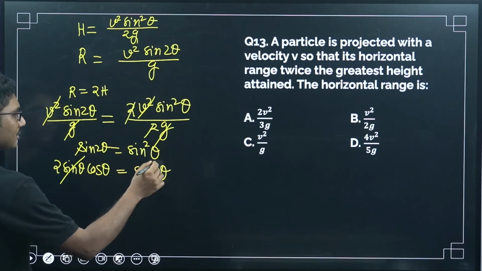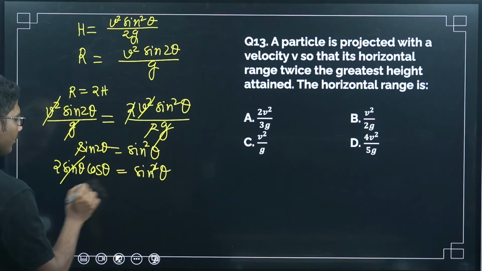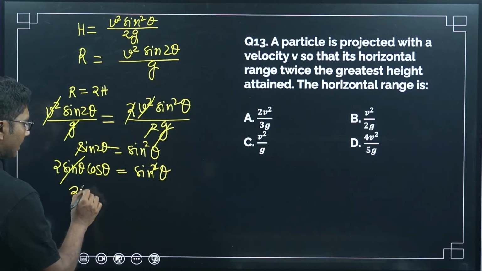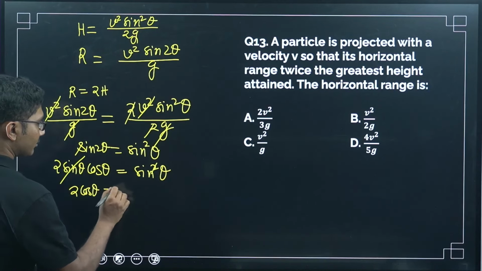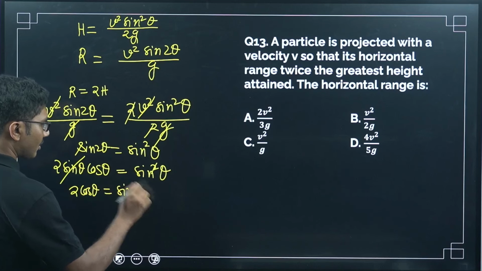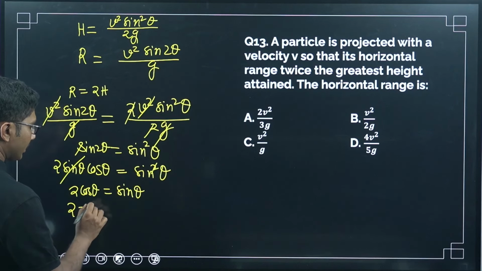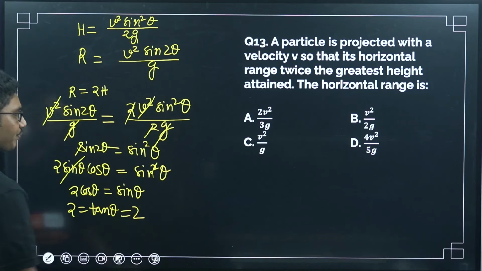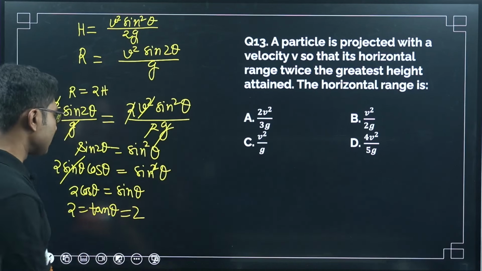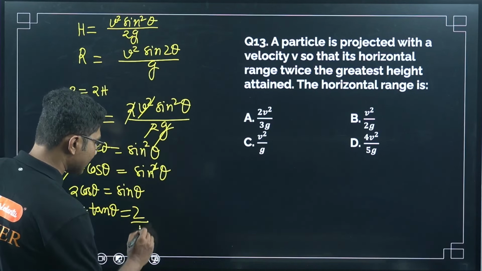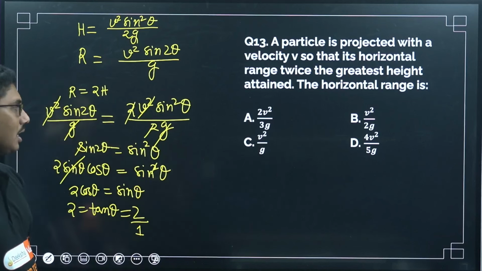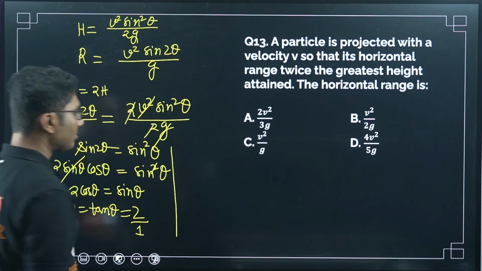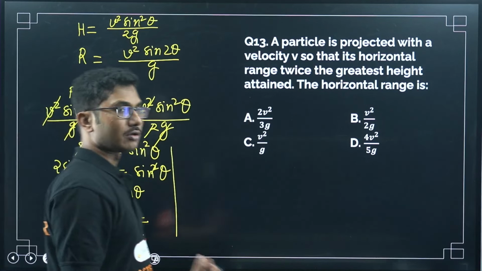So sine theta cancels, and we get 2 cos theta equals sine theta, or 2 equals tan theta, or tan theta equals 2. Now if tan theta equals 2, we can write this as tan theta equals 2 by 1.